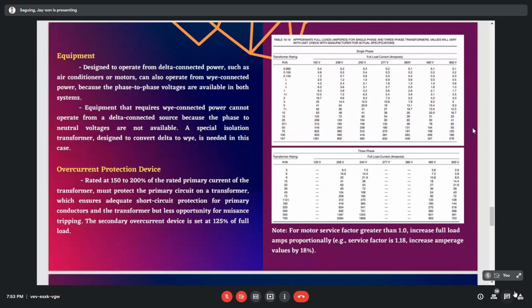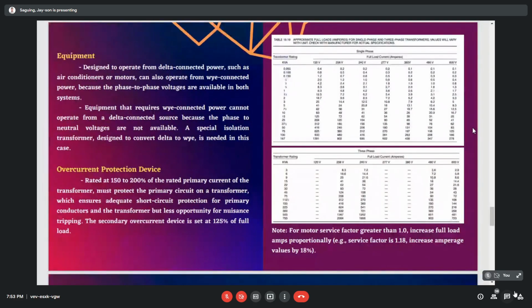However, equipment that requires Y connected power cannot operate from a delta connected source because the phase to neutral voltages are not available. A special isolation transformer designed to convert delta to Y is needed in this case.